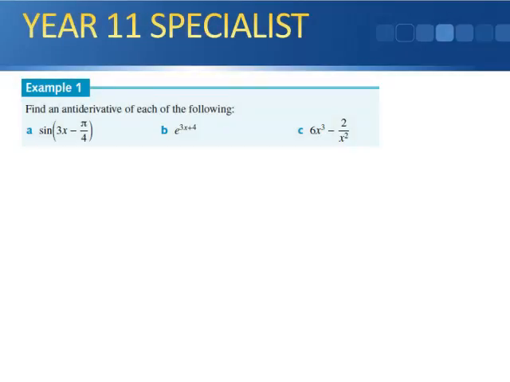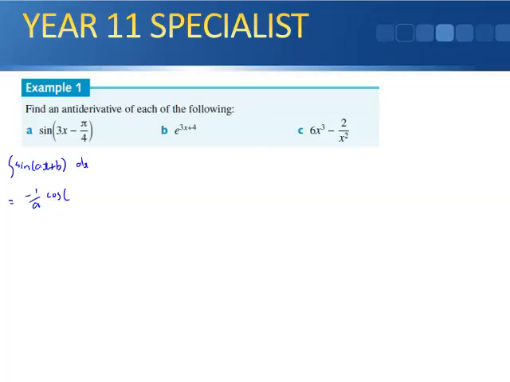Example 1 says find an antiderivative for each of the following. Now, you can't see the rule, but I know what it is. The integral of sine of ax plus b dx equals -1 on a cos of ax plus b. And remember, when we differentiated sine, we got cos.